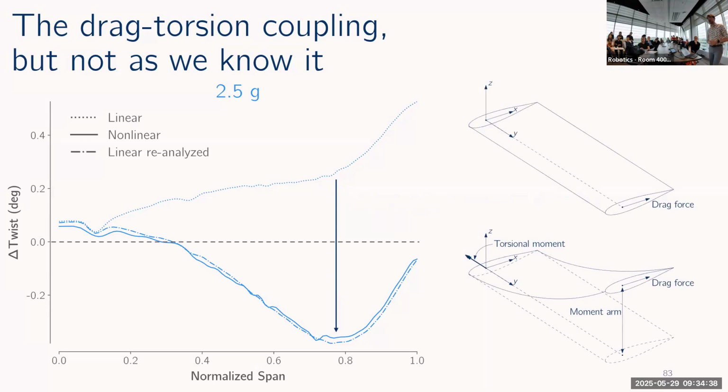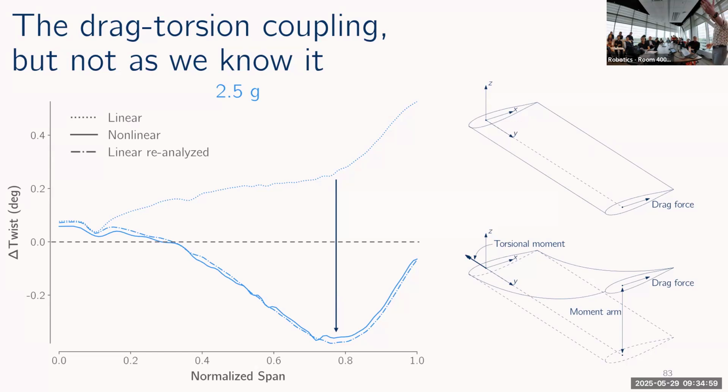I'm not the first person to talk about this, but essentially, drag forces typically don't have much of an effect on the wing, or we don't think of them as doing, because they try to bend the wing in this chordwise back and forth direction, and that doesn't really affect the aerodynamics much.